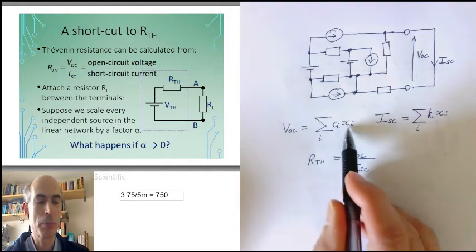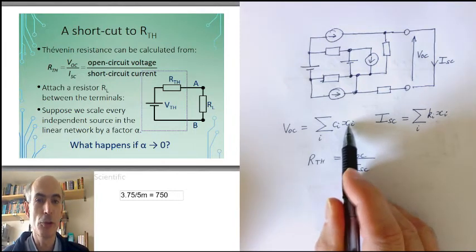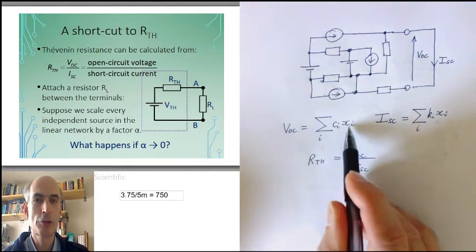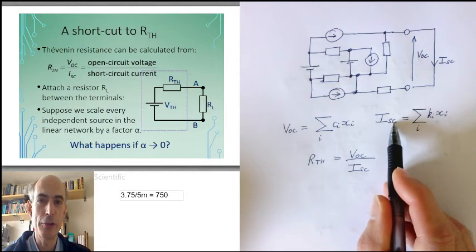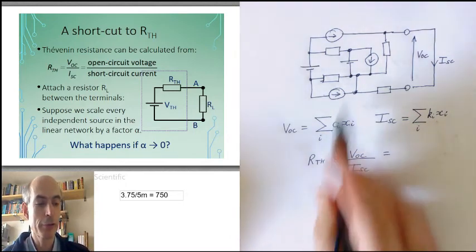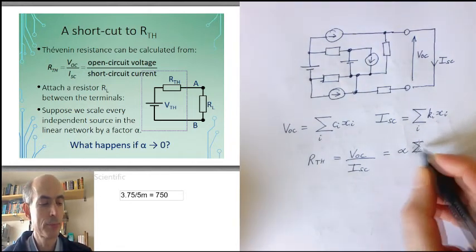If all of the independent sources, all these X, get, for example, doubled, then VOC would double. If they all treble, VOC would treble, and so would the short circuit current, ISC. In general, with a factor of alpha increasing them, we would end up with this.